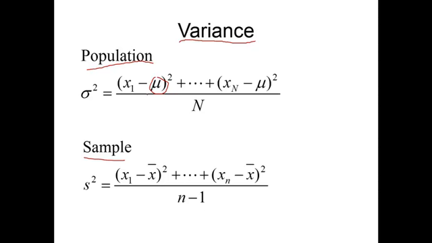Okay, and we go through, we subtract the mu from each individual element. We then square that. Okay, then we add that up, and then we divide that again by the number of numbers.